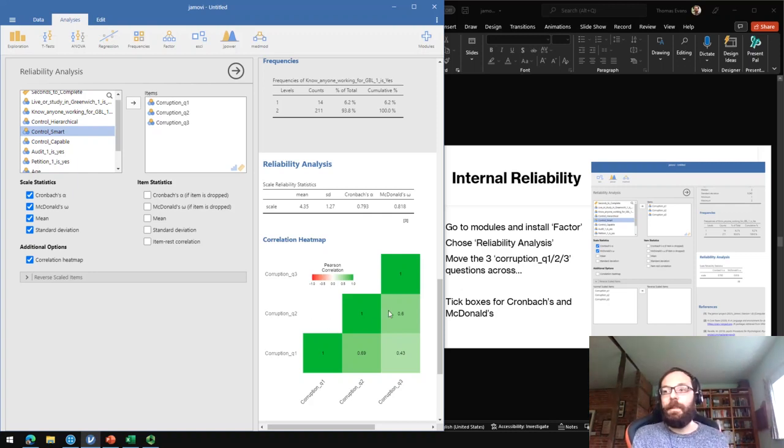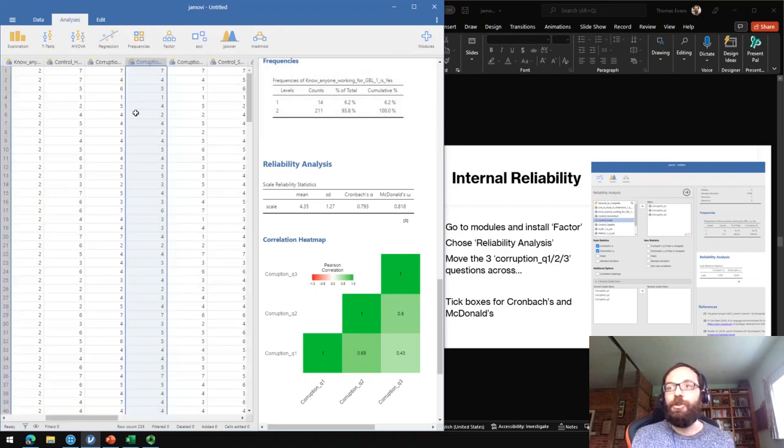In this case, we can see that the correlation between question 1 and question 2 is 0.69, but the correlation is weakest between questions 1 and 3, where the relationship is 0.43. As a whole, these analyses, particularly the internal reliability estimates, tell us that people respond similarly to questions 1, 2 and 3.